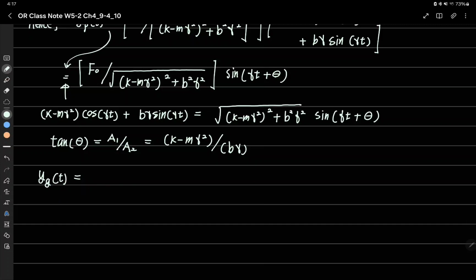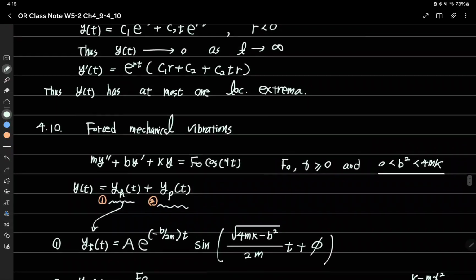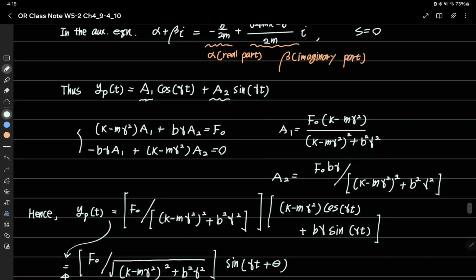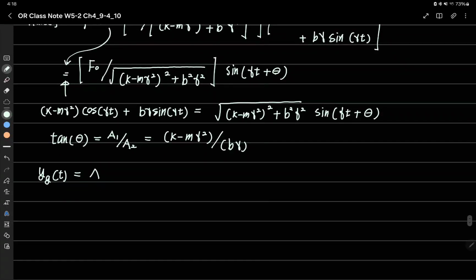So the general solution to the non-homogeneous equation representing the motion of the damped, forced mechanical vibration is A times e to the minus b over 2m times t, times sine of the square root of 4mk minus b squared over 2m times t, plus theta, plus pi.